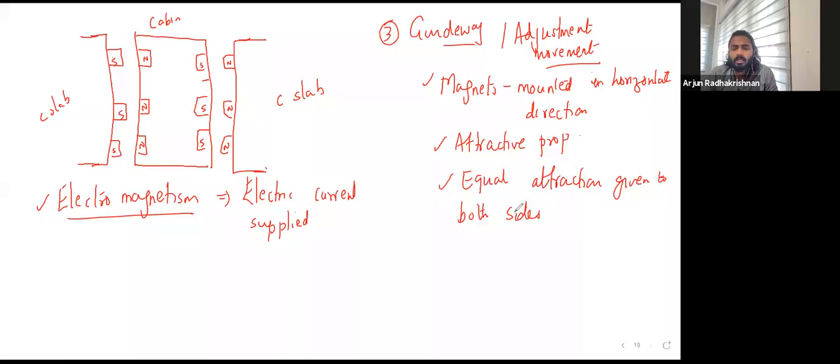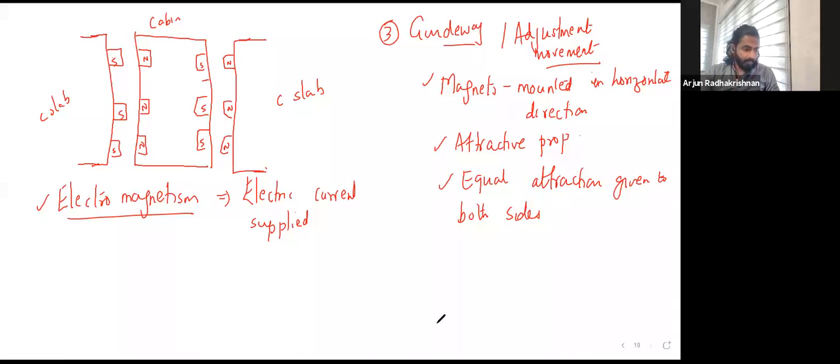If more attraction is given to one side, the train will derail.